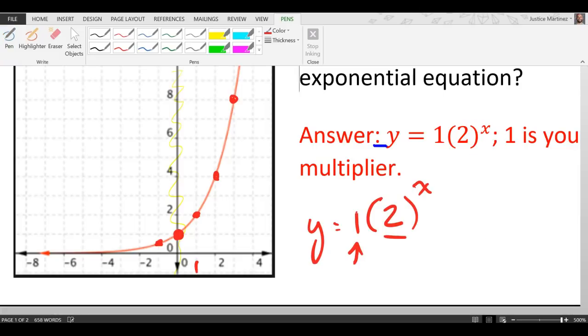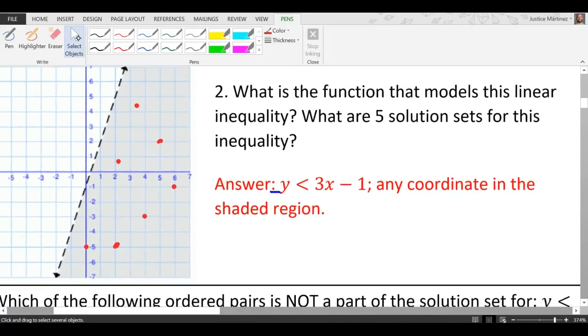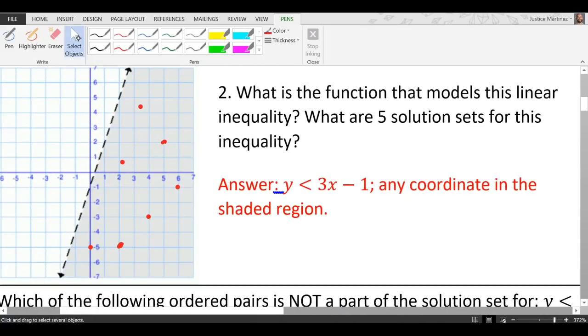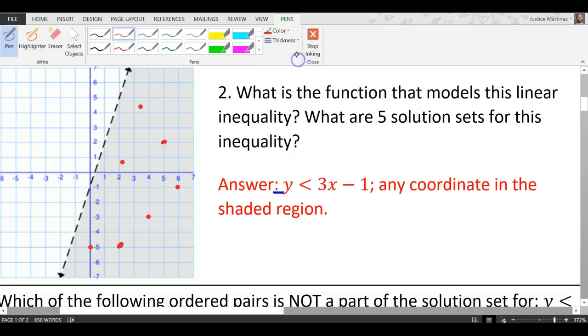Oh, I'm used to OneNote. So now we scroll down and we say, okay, what is the function that models this linear inequality? Well, the way that I do this is by simply saying, okay, what is the y-intercept here? Well, the y-intercept, as you can clearly see, is -1.